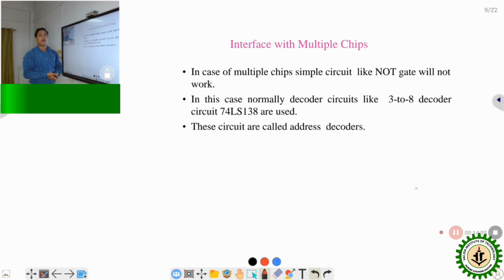More than one address line may be unused. So a single NOT gate will not be sufficient. In that case, we may need to use multiple NAND gates or decoder circuits like 3 to 8 decoder, 2 to 4 decoder, etc. to connect with the memory chip.